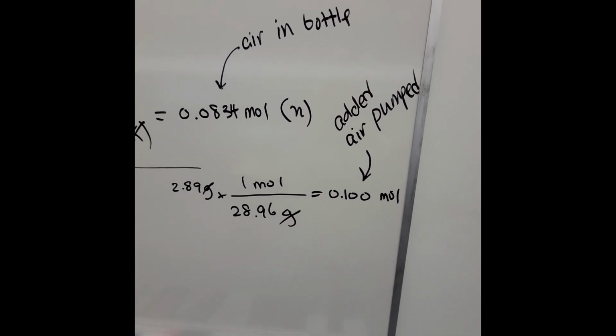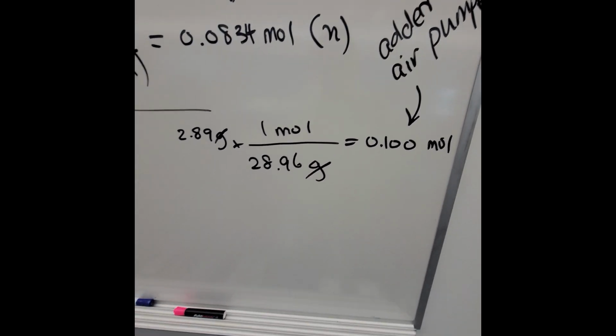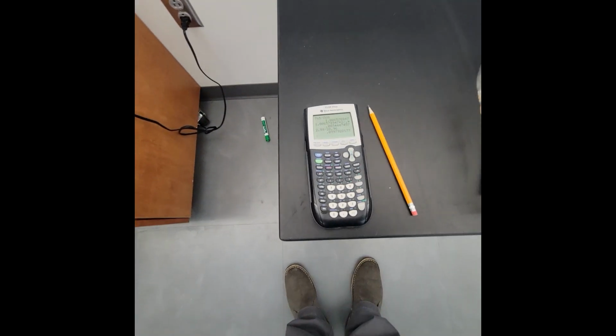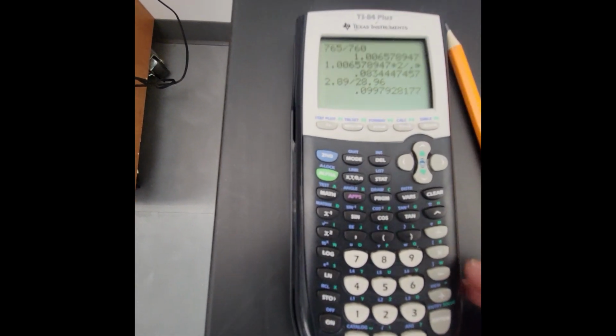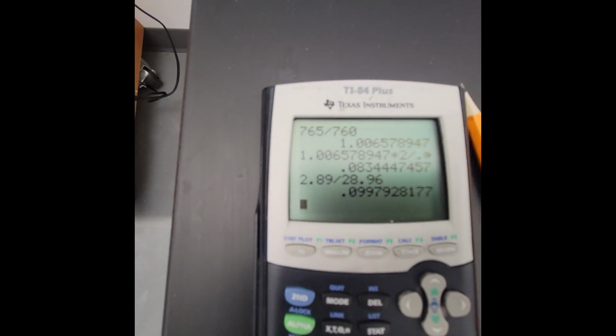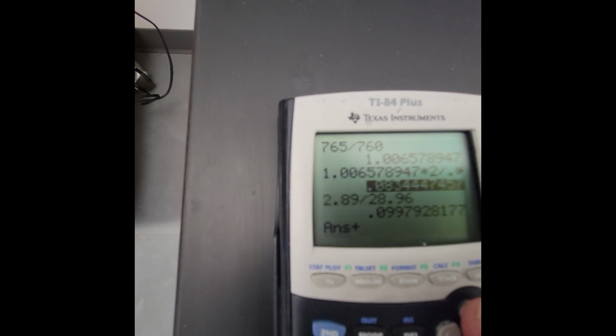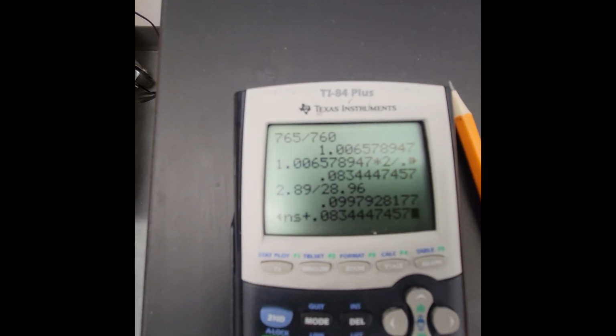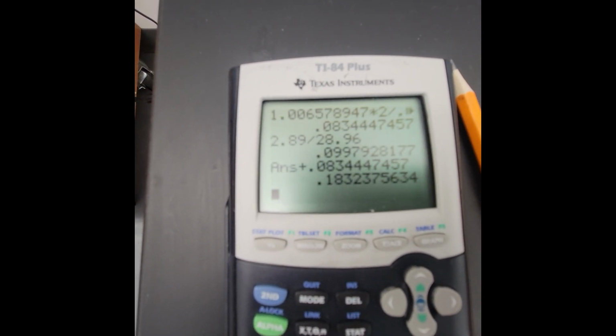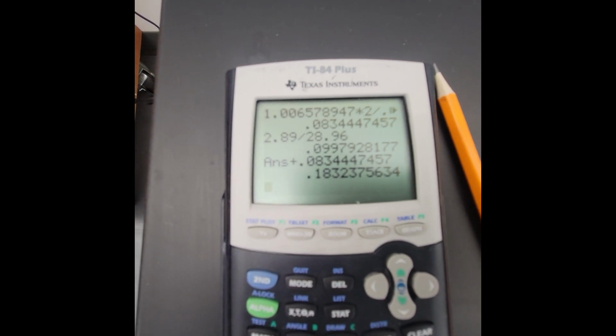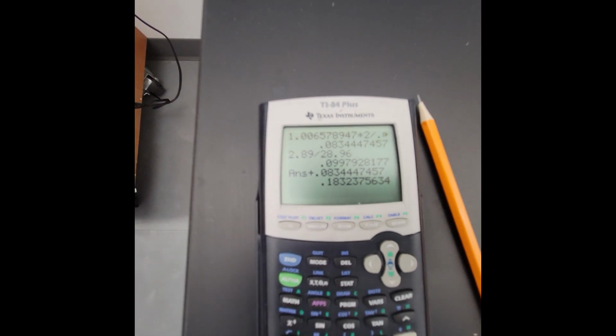So we need to combine them. Let me use these stored numbers again. We're going to add that to that. There's the total number of moles, 0.183.